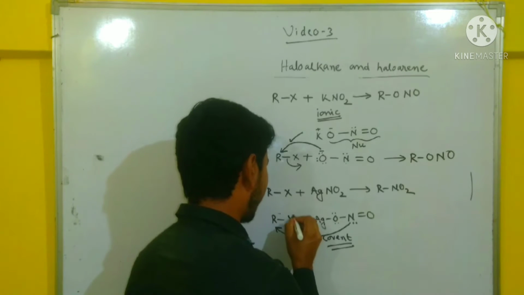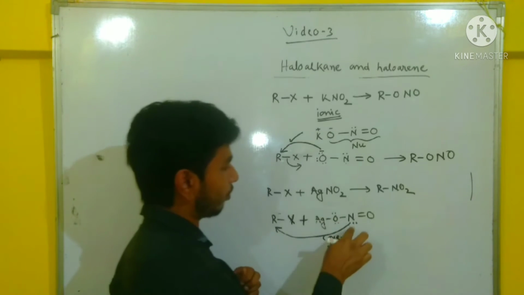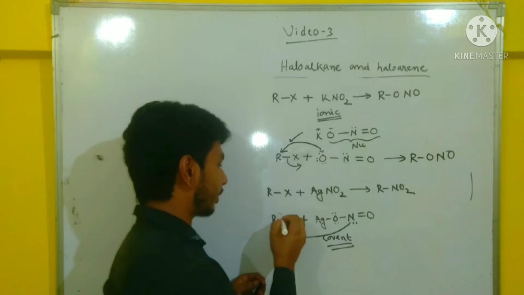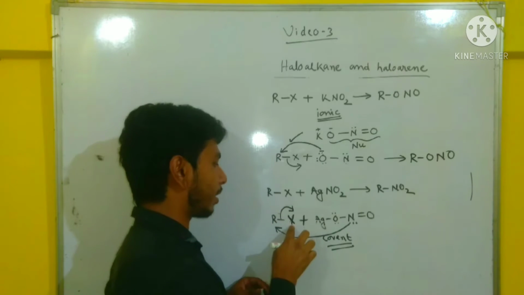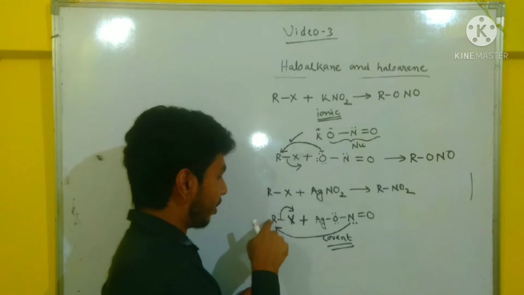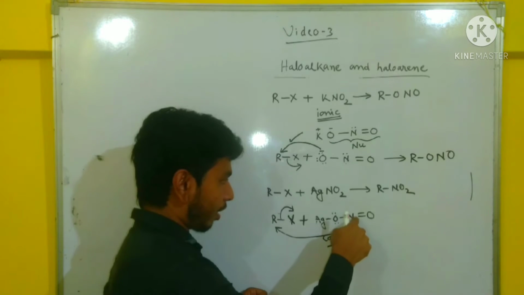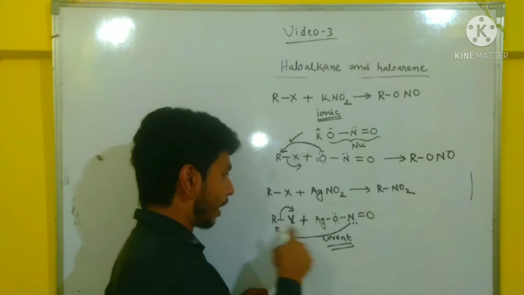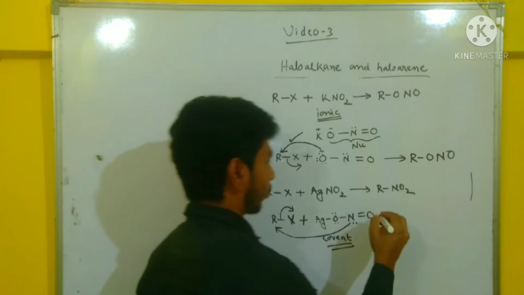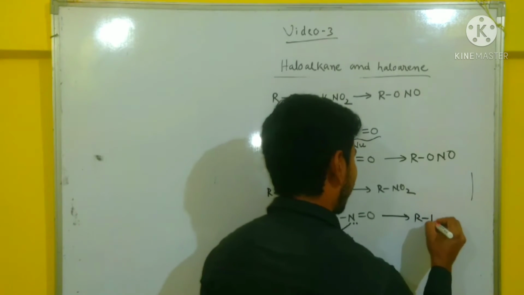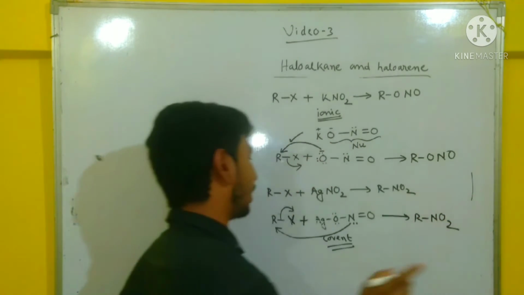So now with RX plus AgNO2, the attack takes place through the nitrogen and the halide leaves. The alkyl group is bonded with the nitrogen to give RNO2. So we are getting RNO2. Clear?